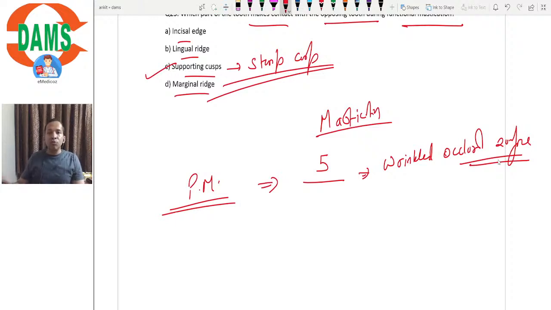Still it is the most symmetrical premolar. And which is the most symmetrical molar? It is the mandibular second molar, isn't it?